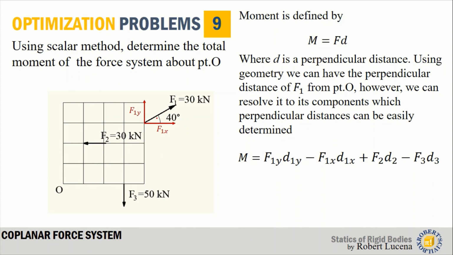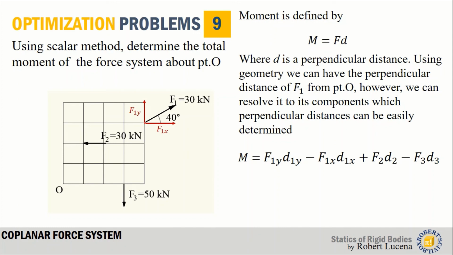So it's either we use F1 or we use its components. If you use the components, make sure you eliminate F1. But if you use F1, make sure you eliminate the components to avoid redundancy. Now, since we have chosen to resolve F1 into components, we can get the total moment about point O by summing up all the forces that cause moment. Let's start with F1y and its perpendicular distance.